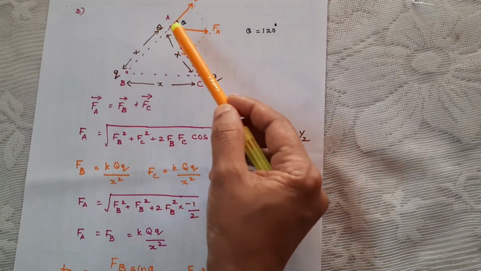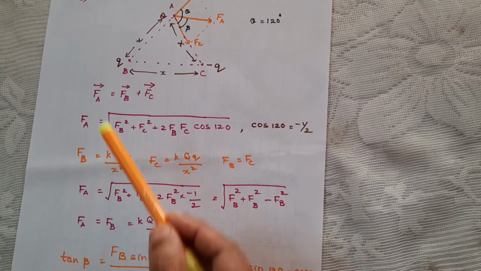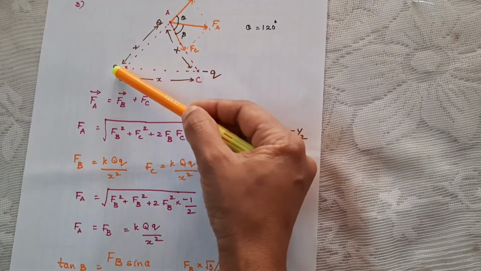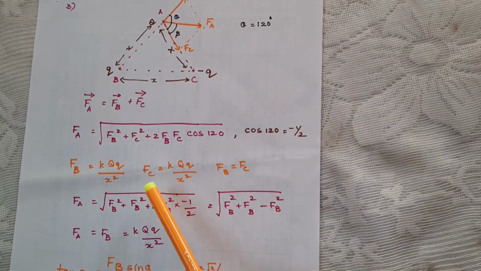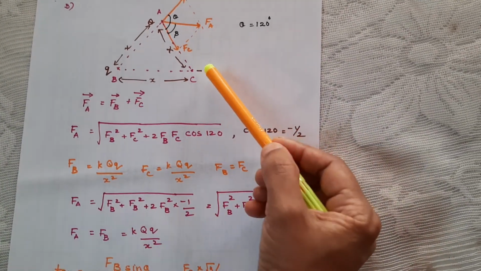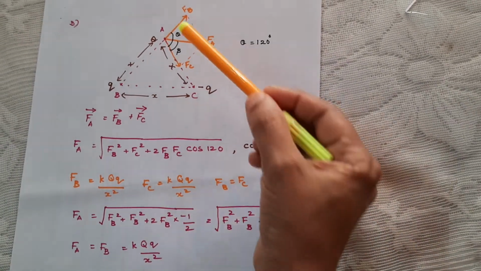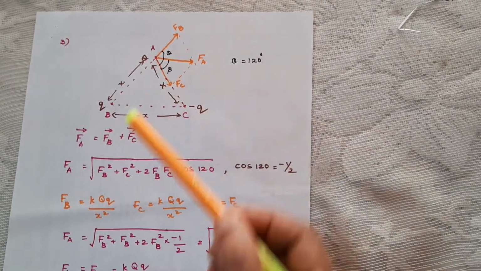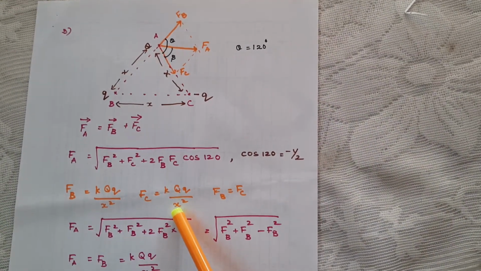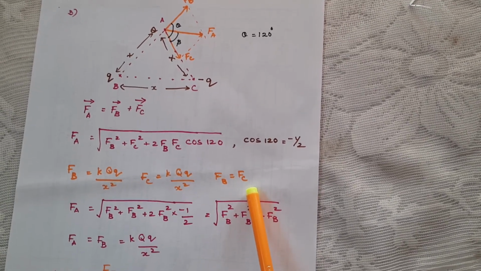And Fb, the force exerted by B, is equal to K into product of the charges by distance square. And Fc, force exerted by minus Q, is equal to K into modulus of the product by distance square, x square. Therefore, Fb is equal to Fc.